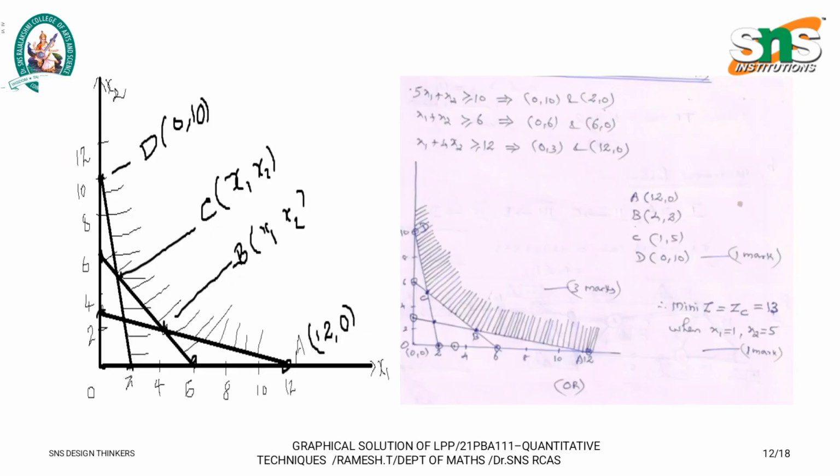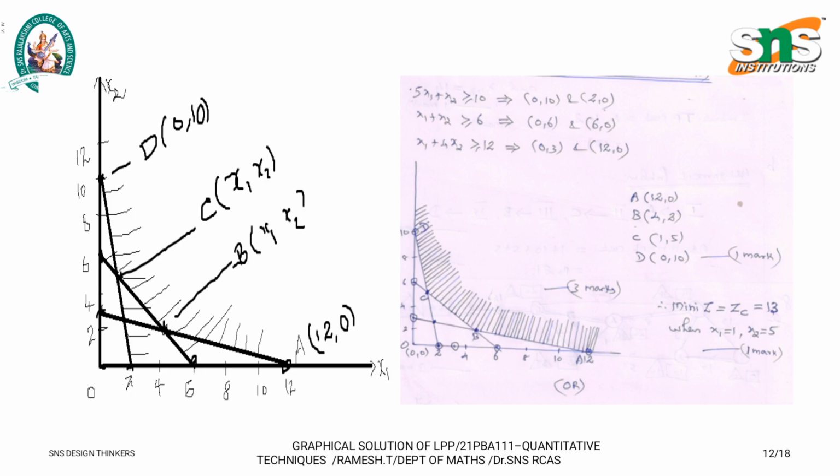We plot all these points and denote the solution region as A, B, C, D. A is on the x-axis. B and C are intersections of the given lines, and D is also there. Since the constraints are of greater than or equal to type, the solution region is outside and it is unbounded.